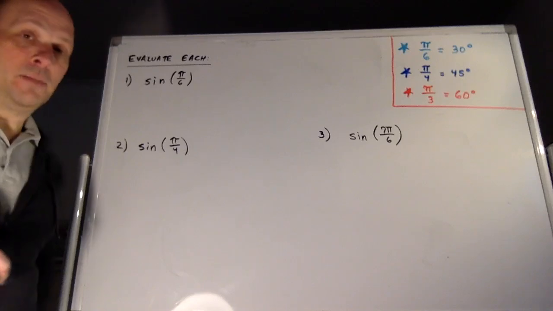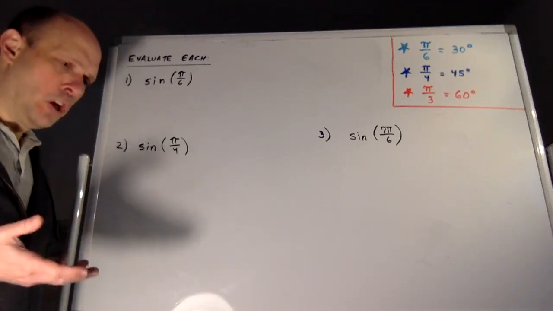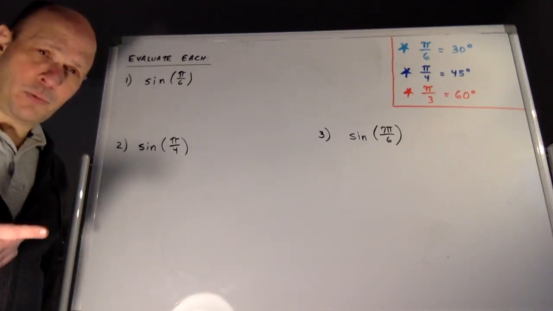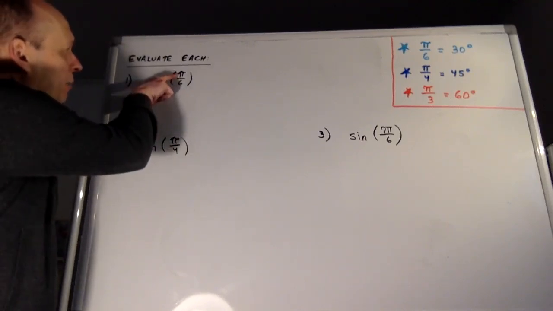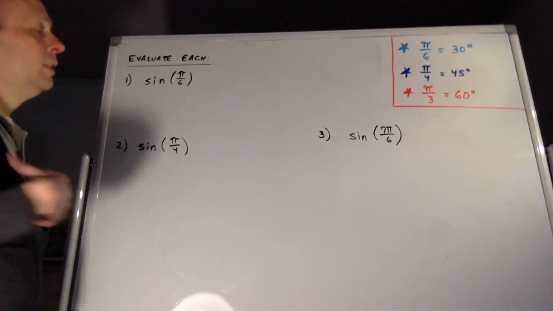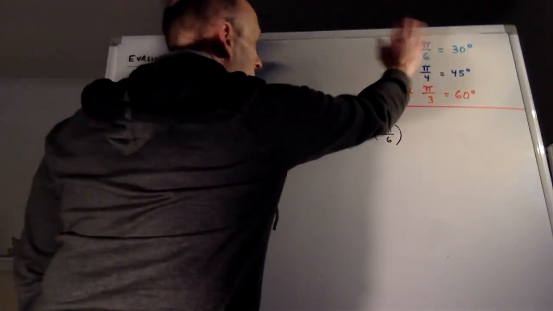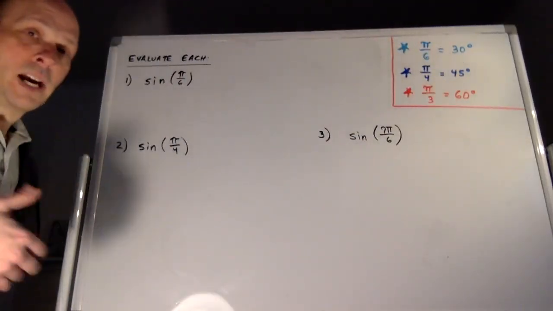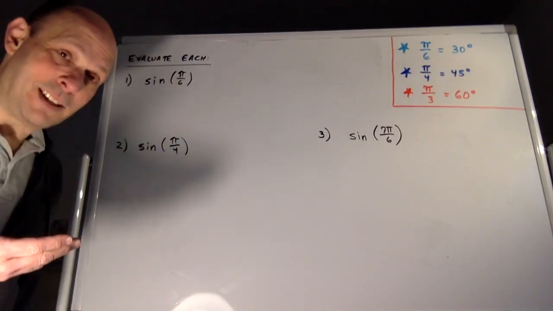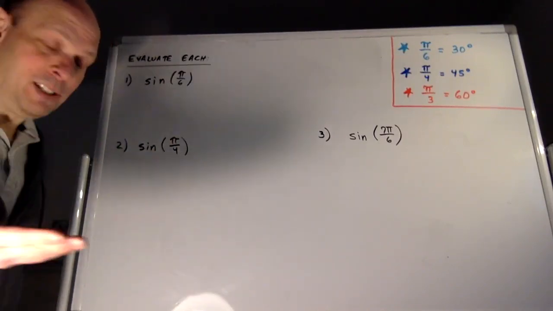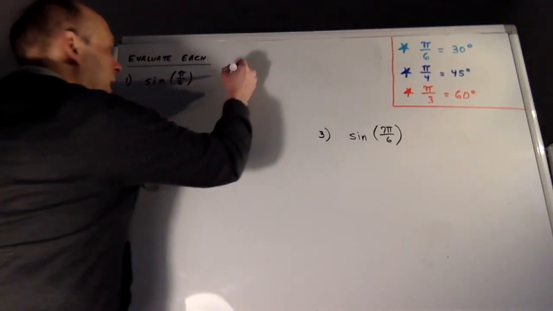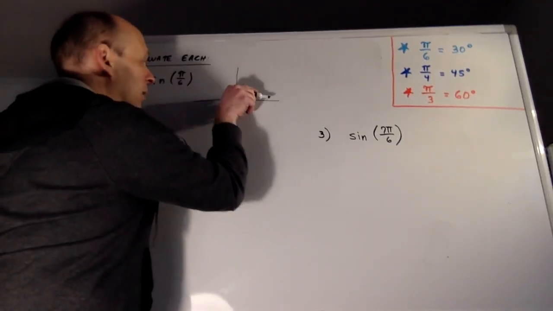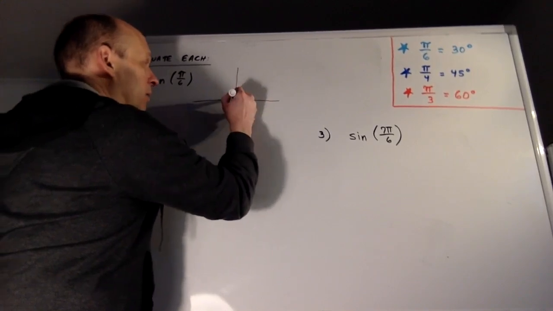The first one is the sine of pi over 6. So we have to know pi over 6 is what? Well, let's see, that's 180, right? Pi, so 180 over 6, that's 30. But we should know that pi over 6 is 30, right? So when you're doing the sine of pi over 6 radians, that's exactly the same thing as saying you're doing the sine of 30 degrees. So if we were drawing an angle of pi over 6, it would just be like 30 degrees. So pi over 6 is here.